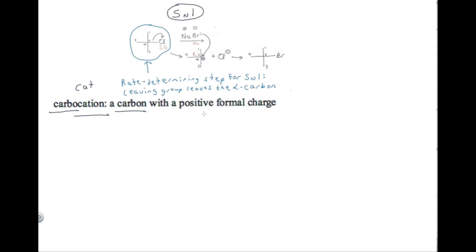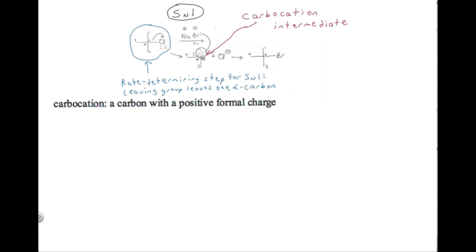Now, can you find the carbocation in the SN1 mechanism? That should be easy. Here's the carbocation in the SN1 mechanism. Notice that this would be called a carbocation intermediate. Do you know what an intermediate is? An intermediate is something that's the product of one of the steps in a mechanism and the starting material for the next step in the mechanism.